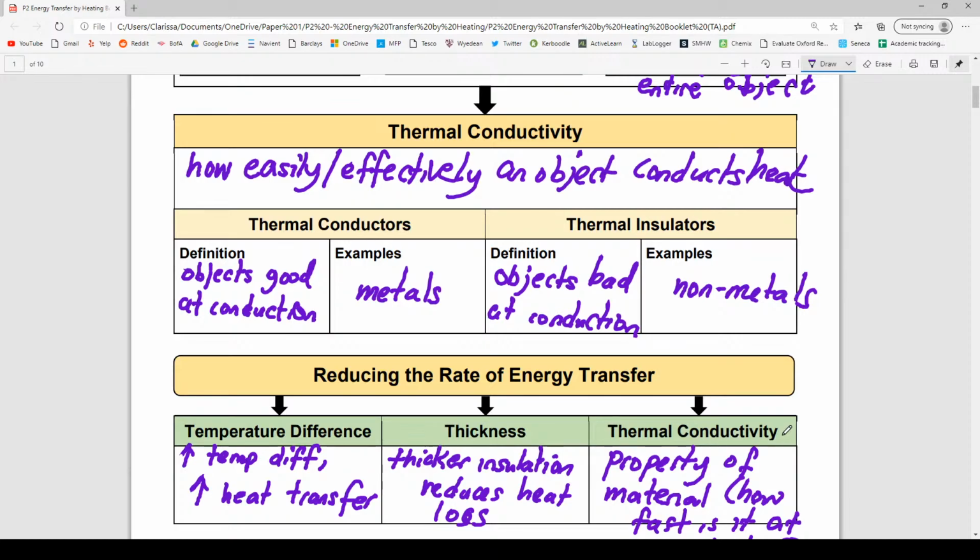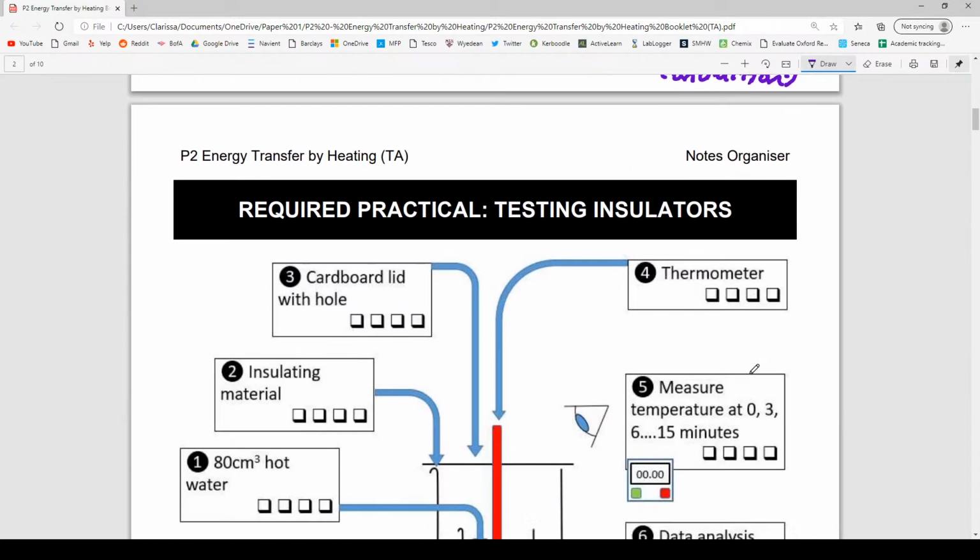We can think about it in terms of a temperature difference. Higher is going to be a faster heat transfer, so we want to reduce temperature difference as much as we can. Thickness, if we have thicker insulation, that'll reduce heat loss. And with thermal conductivity, if we want heat loss to be reduced, we're going to pick a material with a low thermal conductivity, so an insulator.